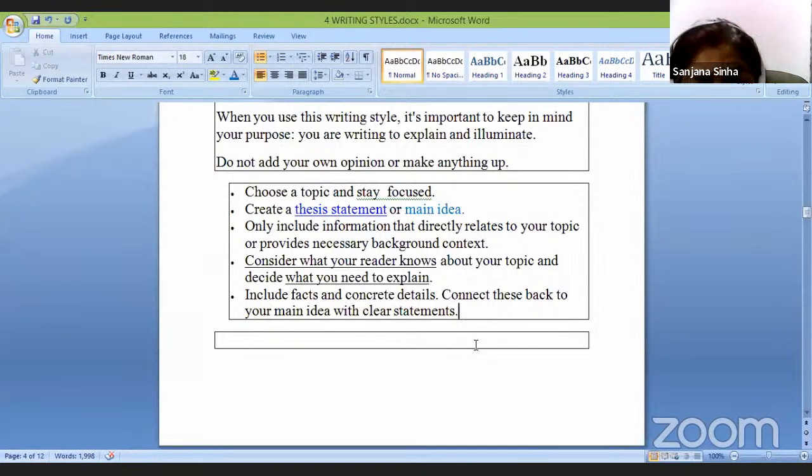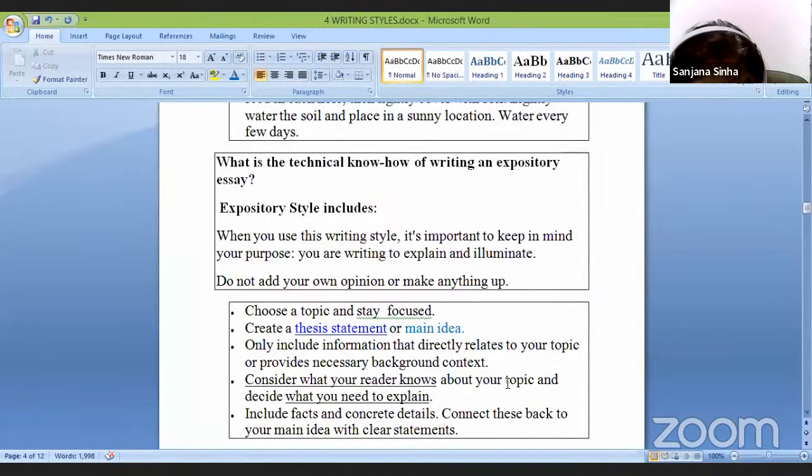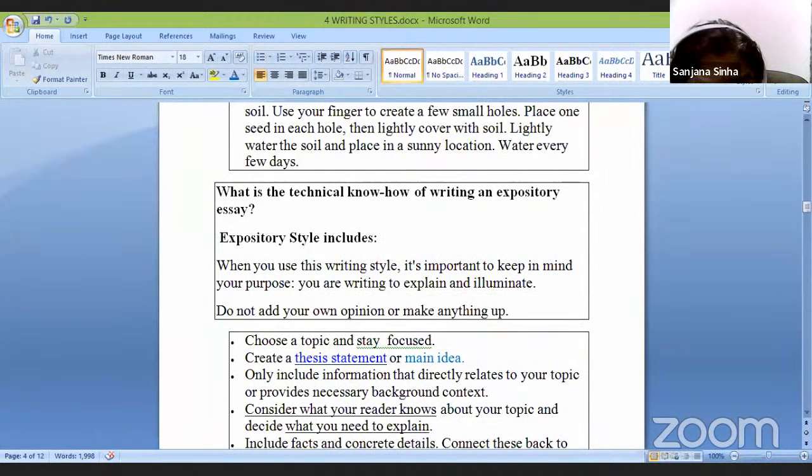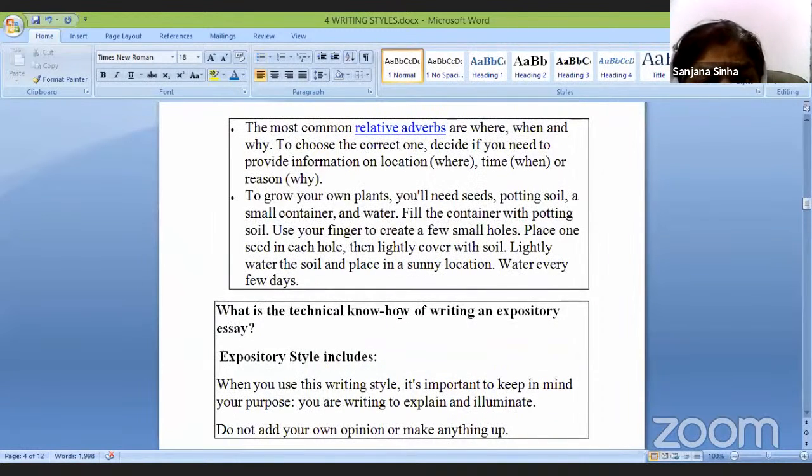So what were the questions today which I gave you? What is the technical know-how of writing an expository style? It means, what things would you include when you are writing an expository essay or any expository article? What were the questions earlier discussed?